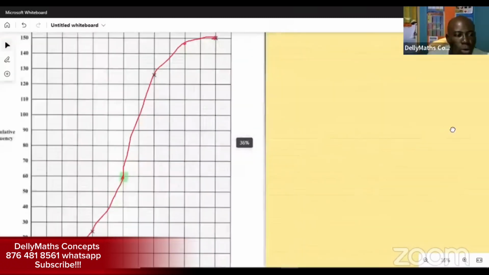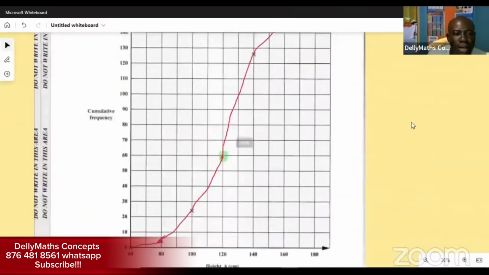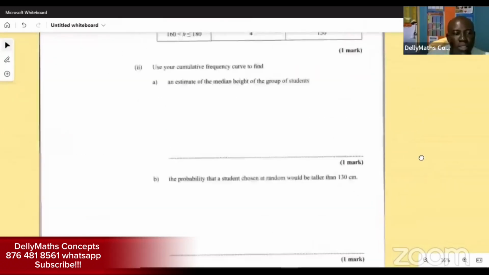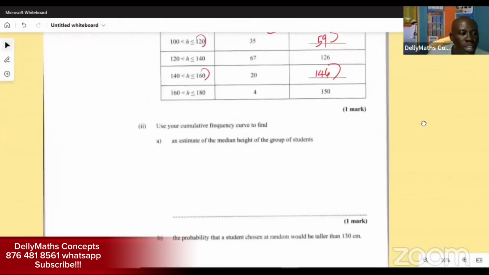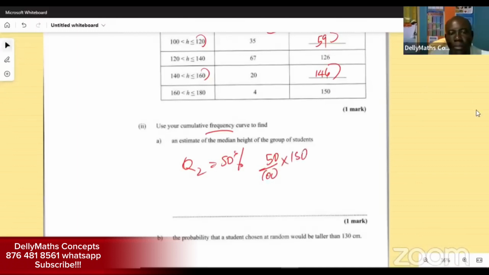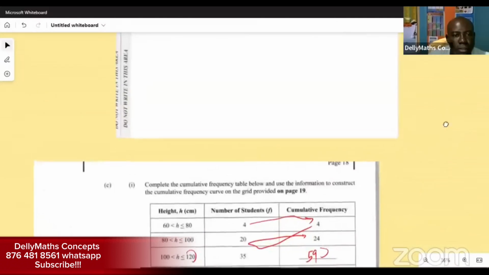Now they want us to use this to answer some questions. So here are the questions. Using your cumulative frequency curve, find an estimate of the mean. Remember, we did say that the mean is actually Q2, which is 50% of the sample. We're talking about 150. Let me check if it says 150.